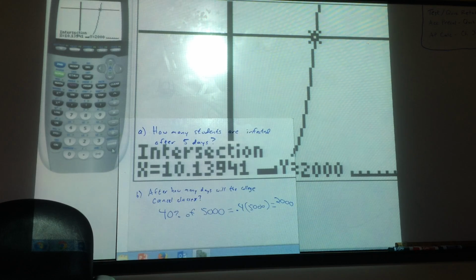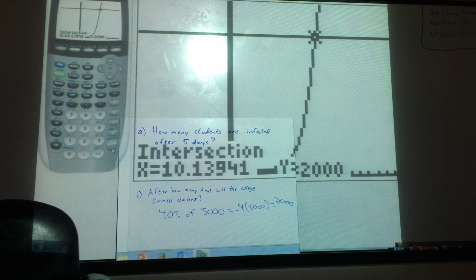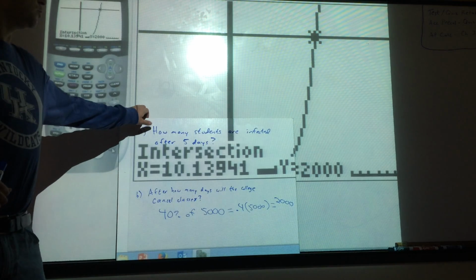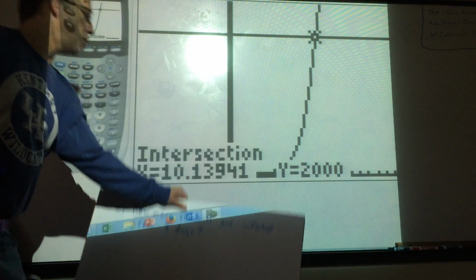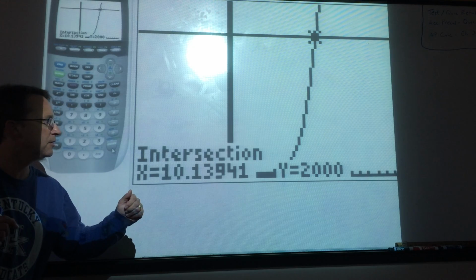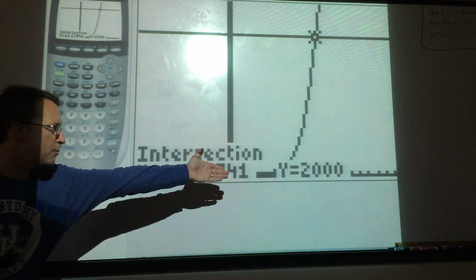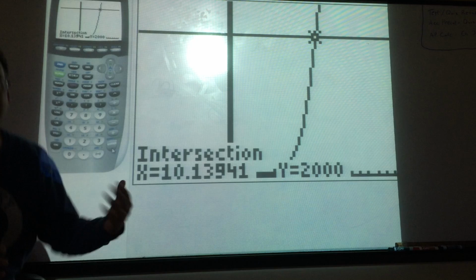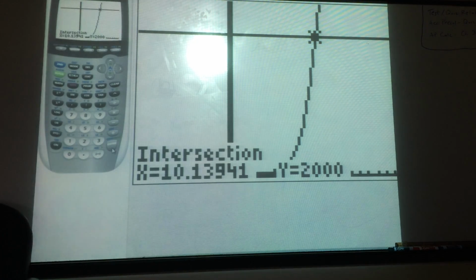All right, since I've got a little bit of time left here on my video, I'd like you to see what that entire graph looks like, because it right now looks like an exponential growth curve, but over time, if you end up with half of the students, almost 40% of the students infected, at some point the rate of that infection is going to have to slow down because you're simply running out of students that will be infected by it.